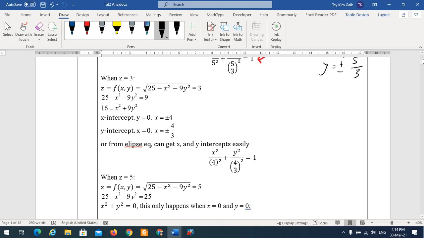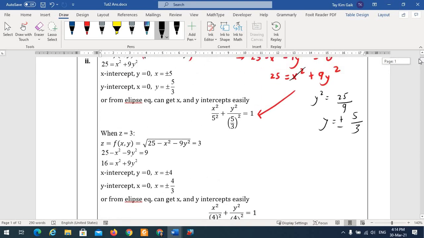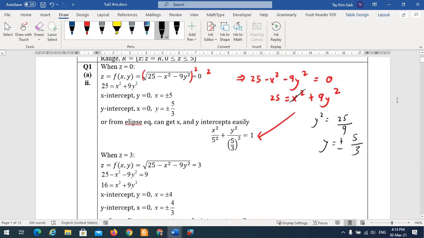Just now I said x squared plus 9y squared equal to 25 is an ellipse equation. If you want to get the x-intercept and y-intercept easily, you can also change it to the ellipse equation form.